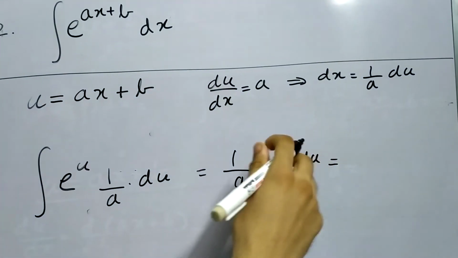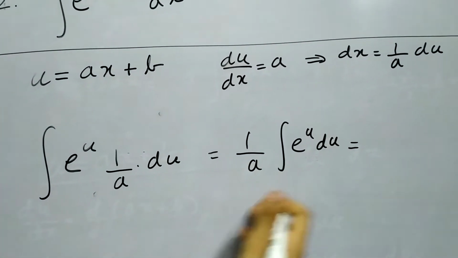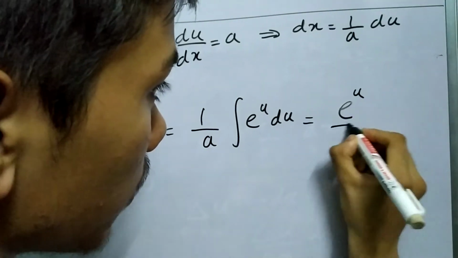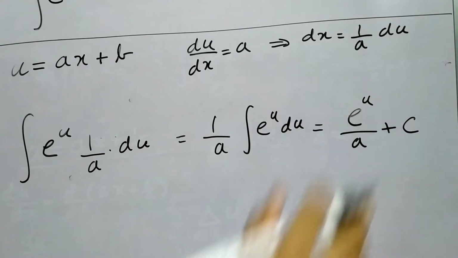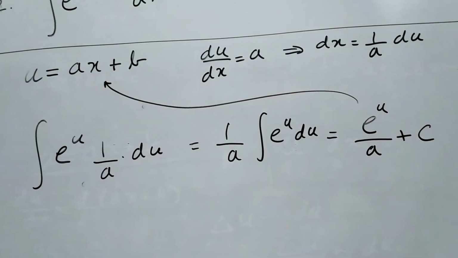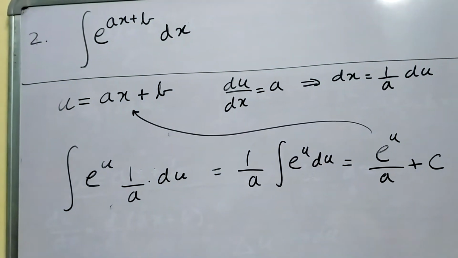This is nothing but e to the power of u. E to the power of anything remains the same. So e to the power of u by a plus some constant of integration c, and then finally replace u with what it was originally defined to be, ax plus b.